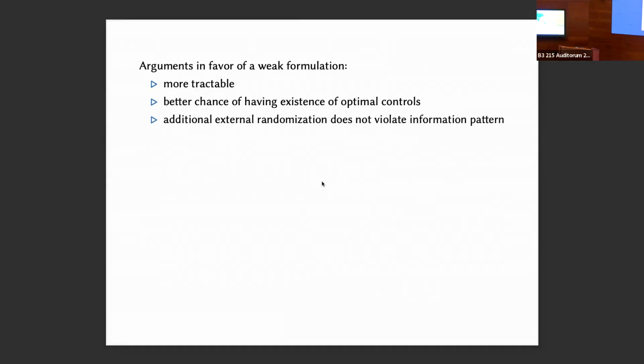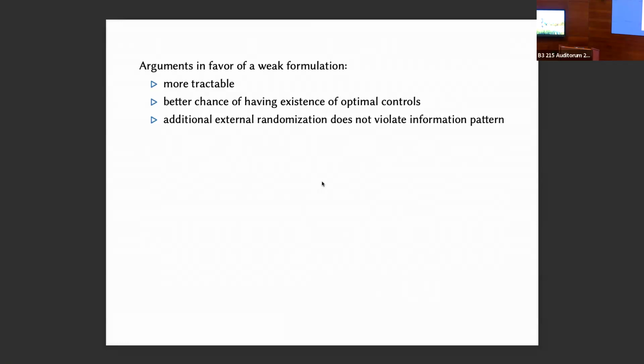And it doesn't really violate the information pattern that we are imposing on the problem. If you're in some weak setting, think weak solutions of the state dynamics equations, the SDEs, it's basically just adding external independent randomization or independent information to our filtration.